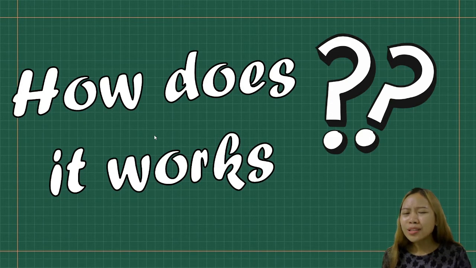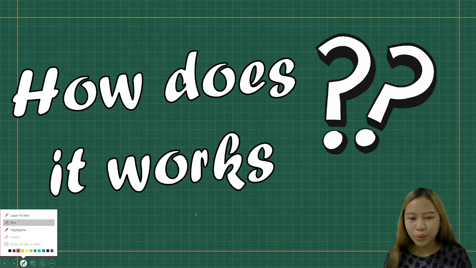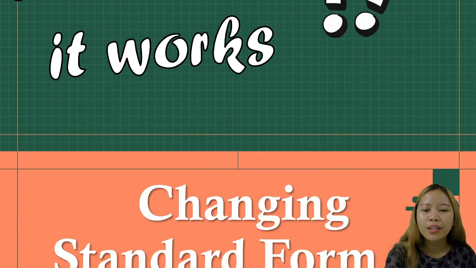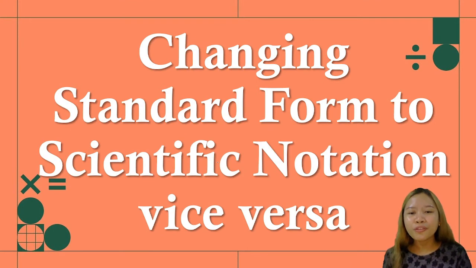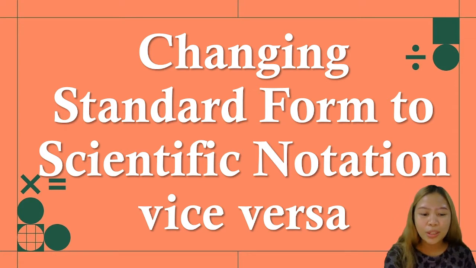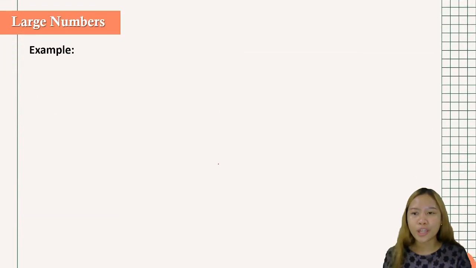So, how does this scientific notation works? Let us get to know. Okay. So, let us study on how does standard form are converted into scientific notation and vice versa. So let us go first with the large numbers.